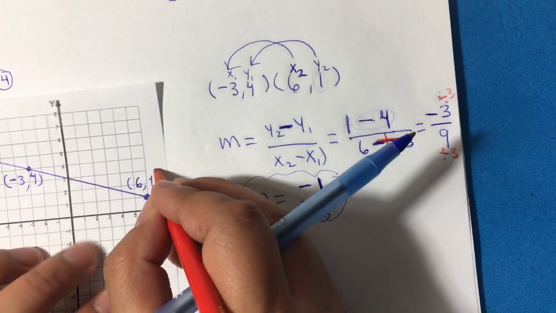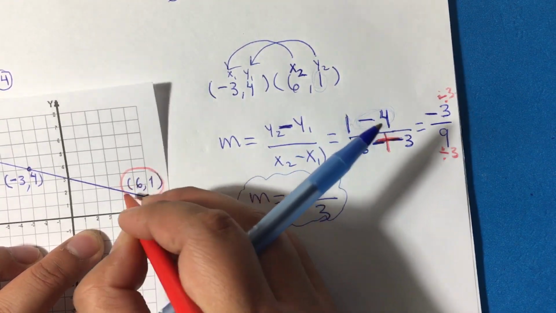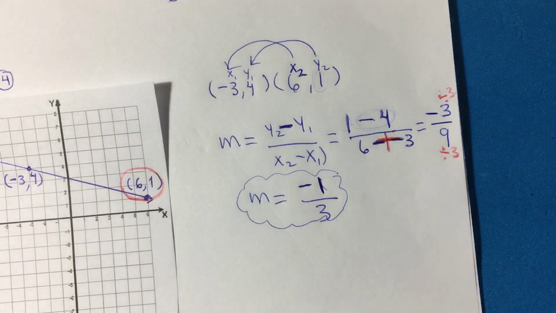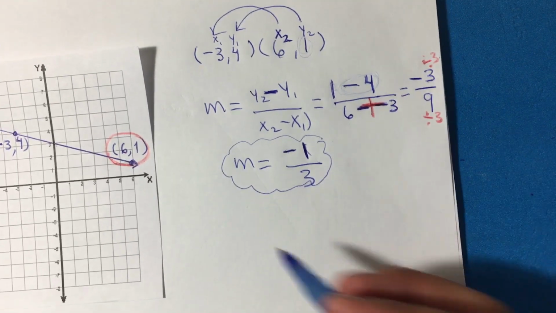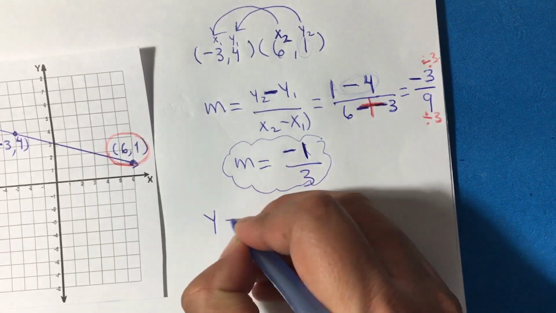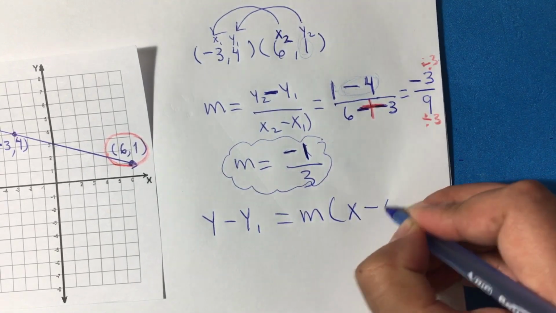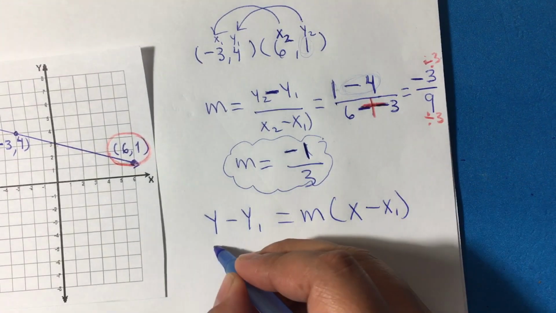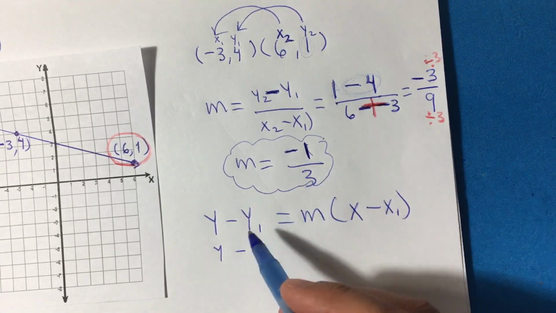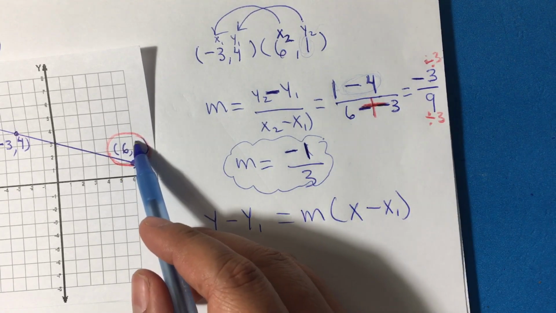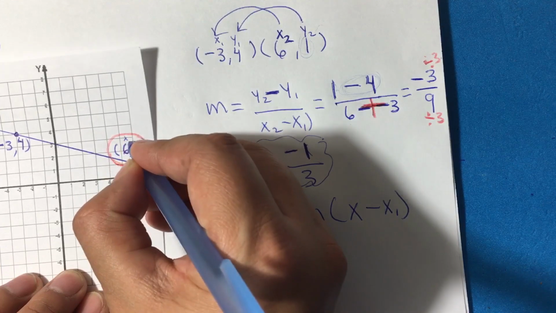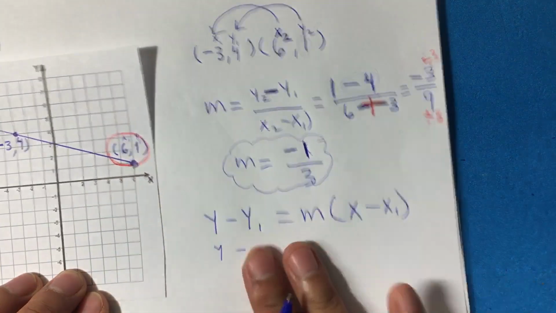Now we have to choose a point. I'm just going to choose this one just because it has positives, but you can choose the negative and that's also okay. We use y minus y1 equals m times x minus x1. So y minus y1 will be, so it's like saying this is x1 and y1 for this purpose.